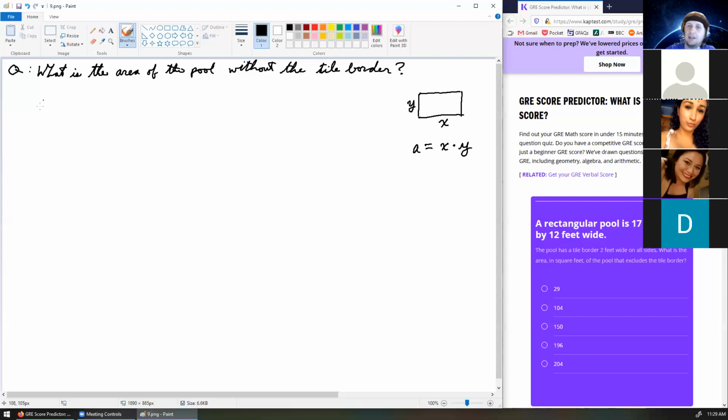So let's go ahead and start drawing our picture. It tells us the pool is rectangular, right? One side is longer than the other. And what are our side lengths?